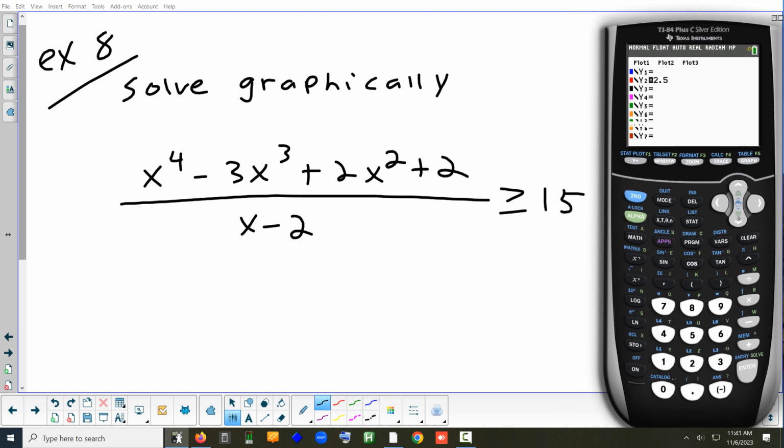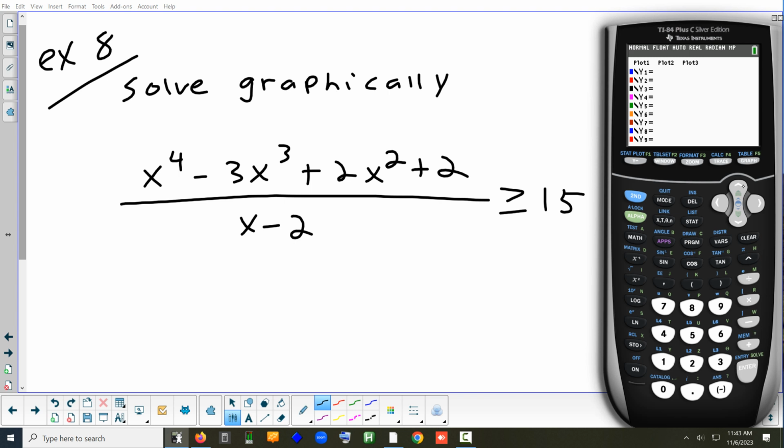Where should I put all the stuff that's on the left side of the inequality? Y1. Yeah, I would put it in Y1. And as I type it in, what symbols am I going to need?